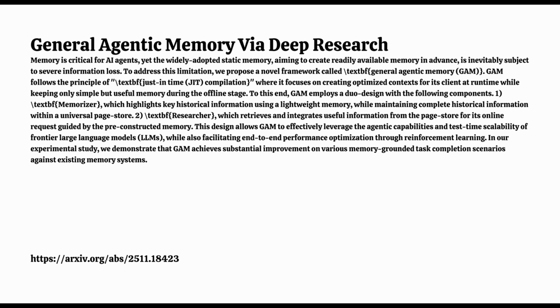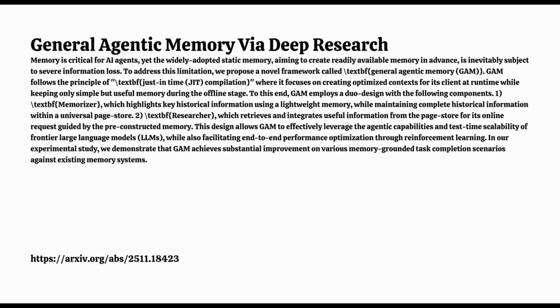So where does this all leave us? What does this mean for you as you watch the evolution of these AI agents? I think the core takeaway is pretty clear. The general agentic memory framework replaces that brittle, static, ahead-of-time compression with a resilient, dynamic, just-in-time process.